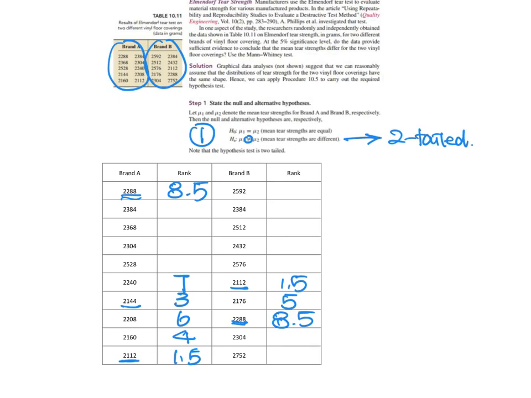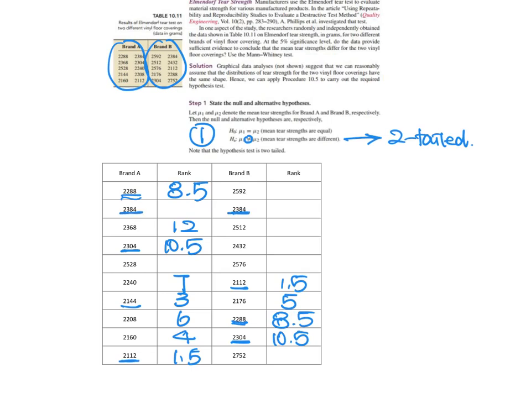Rank 10 will be 2304, but it is another tie, another 2304, and they must be rank 10 and 11, so the average will be 10.5 and 10.5. So we assigned rank 10 and 11, and rank 12 is 2368, and rank 13 is 2384 and 2384.